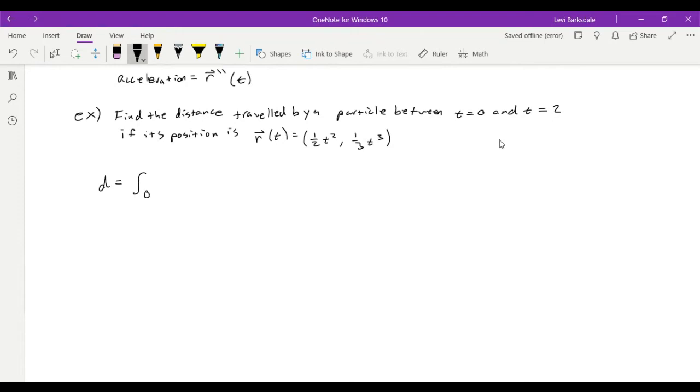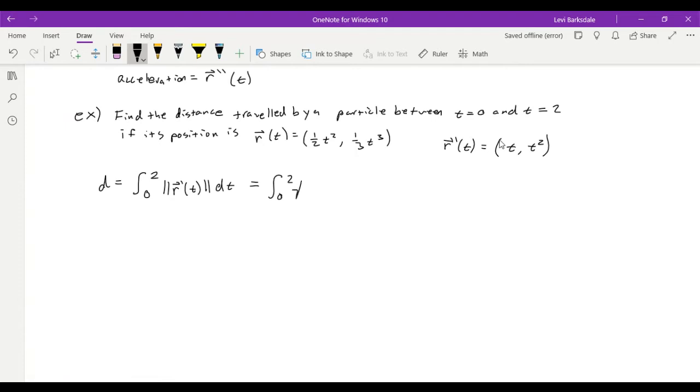D equals the integral from time t equals 0 to time t equals 2 of the speed, which is the magnitude of the first derivative. Now that's the integral from 0 to 2. If we take the first derivative, r prime of t, that is equal to 1/2 times 2t gives us t, 1/3 times 3t squared gives us t squared.